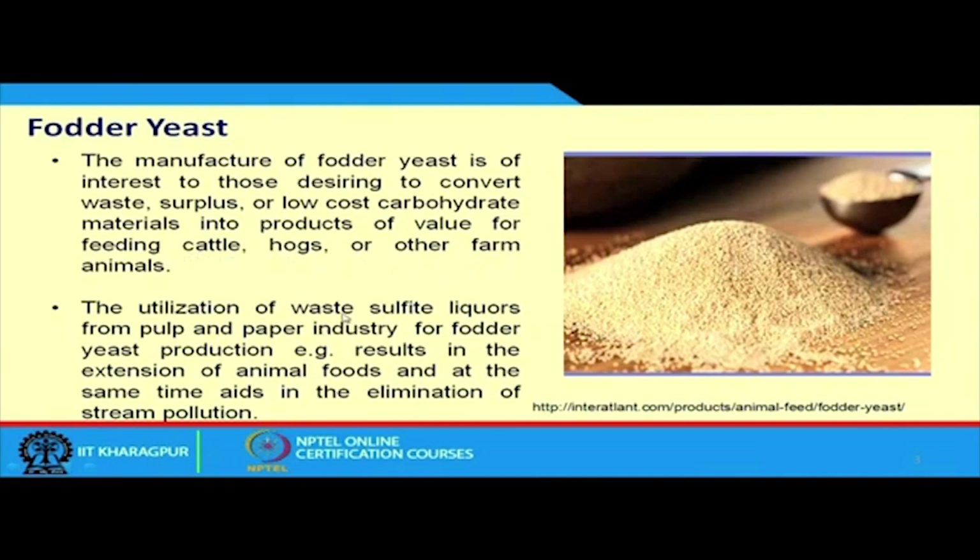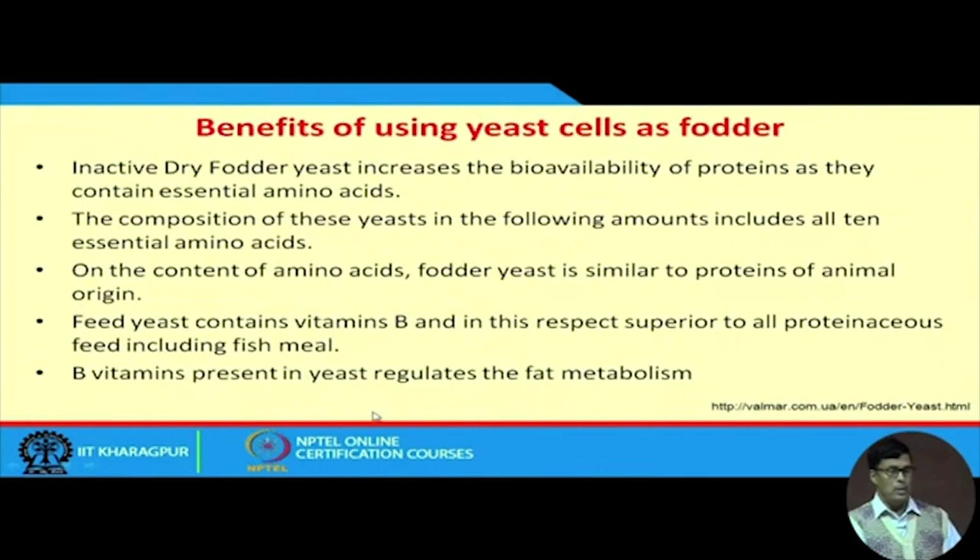The utilization of waste sulfite liquor from the pulp and paper industry for fodder yeast production, for example, results in the extension of animal food, and at the same time aids in the elimination of a stream of pollutants, because this sulfite waste liquor, if you throw it into the atmosphere, causes environmental pollution. This is another issue that has to be seriously considered.